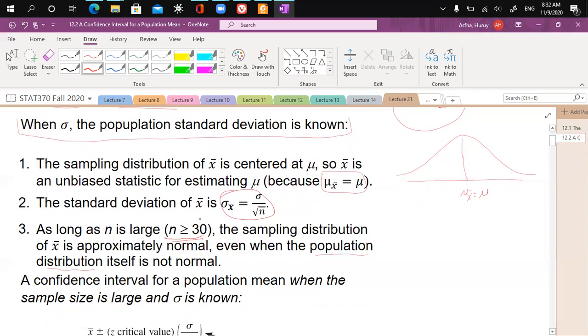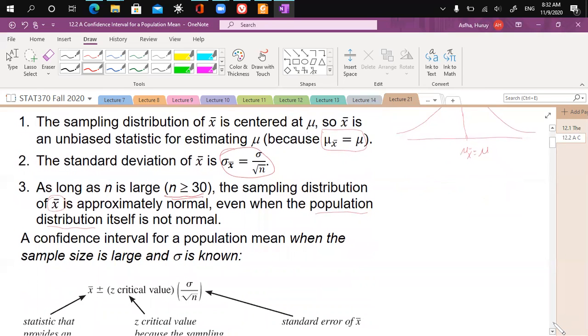Okay, if n is small, you need to know if population distribution was normal or not. If it was not normal, then I cannot say this sample mean has approximately normal distribution. But if the population distribution was normal, then we can say the sampling distribution of X bar is normal.